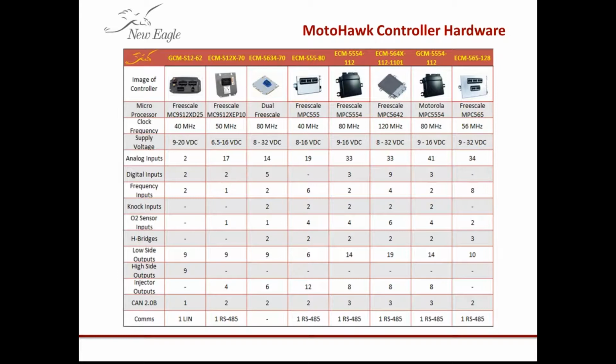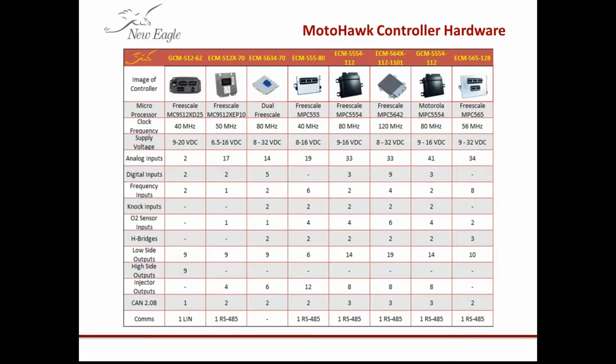And then the 112, we've used that in a lot of applications. In addition to engine control, you can use it for similar embedded control system solutions. That includes hybrid electric vehicle applications, electric vehicle applications. We've done some turbine applications with this module as well.